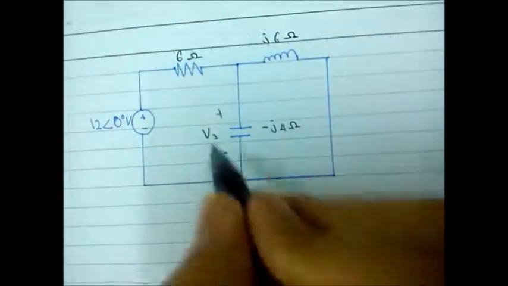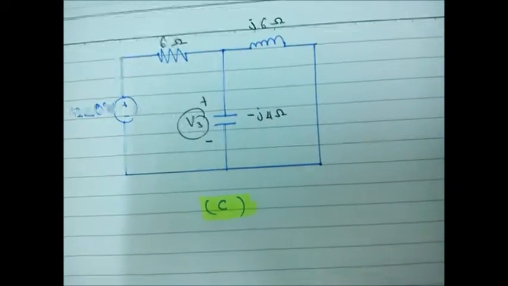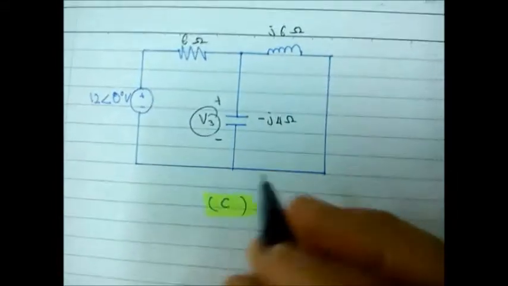Now for figure C, we can calculate V3. Consider that omega is 3.